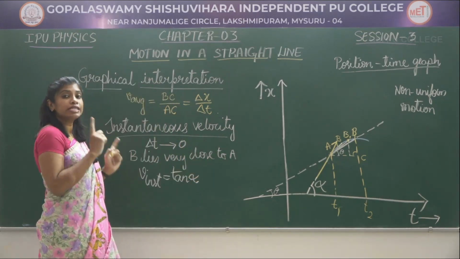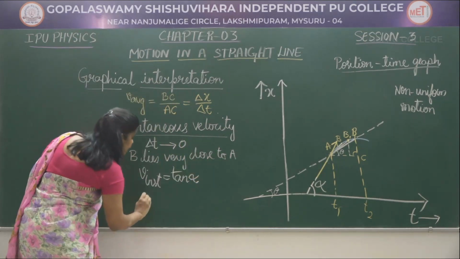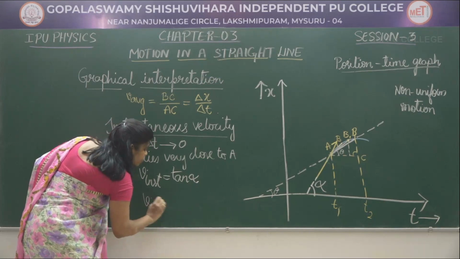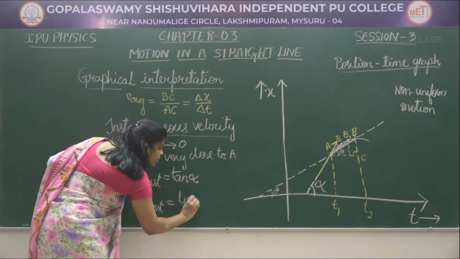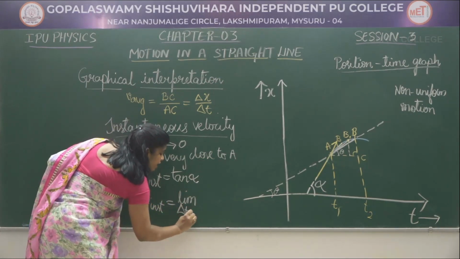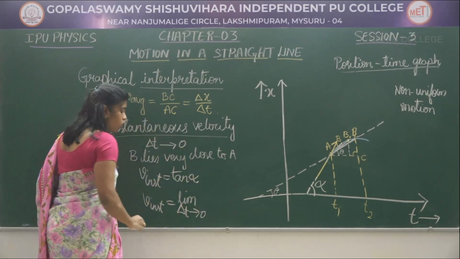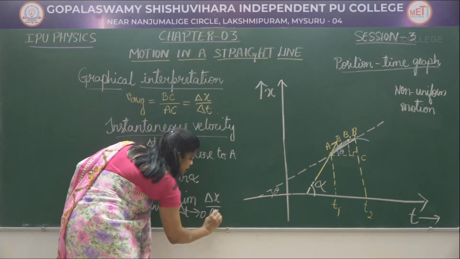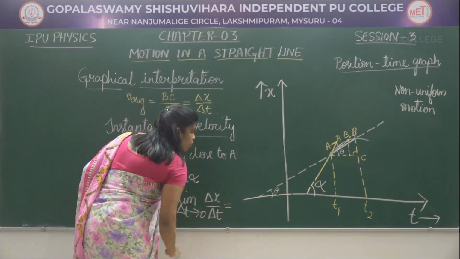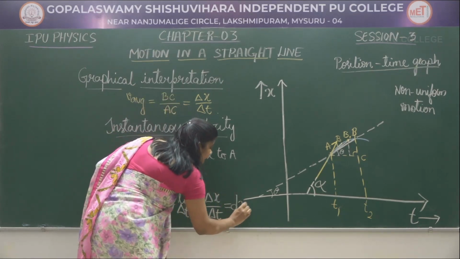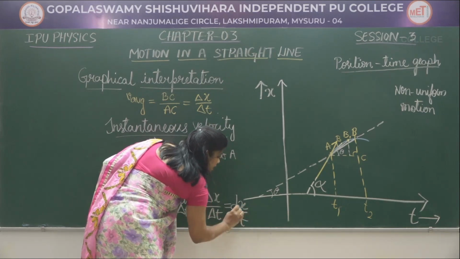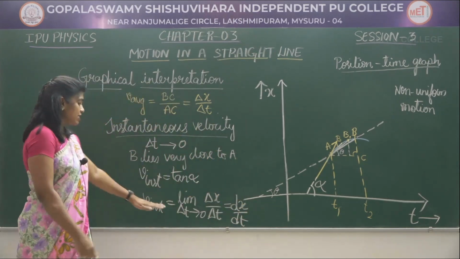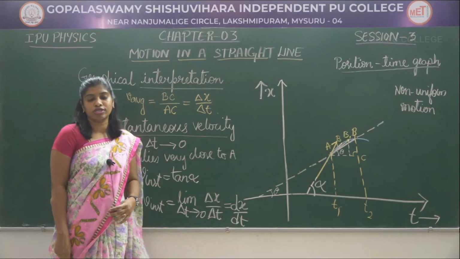I can also write instantaneous velocity as the limit delta t tends to 0 of delta x by delta t, which becomes equal to dx by dt. So this is the instantaneous velocity.